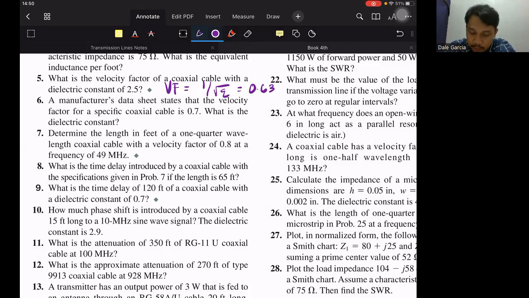So kanina dayon, ang velocity factor dayon ang i-multiply sa speed of light para makuha ang actual nga velocity of propagation. So the signal travels 0.63 times the speed of light. No? Mas slow siya, of course. Ang ideal na velocity factor is 1 man. No? So, tungkol kay na dielectric, 0.63 na siya.